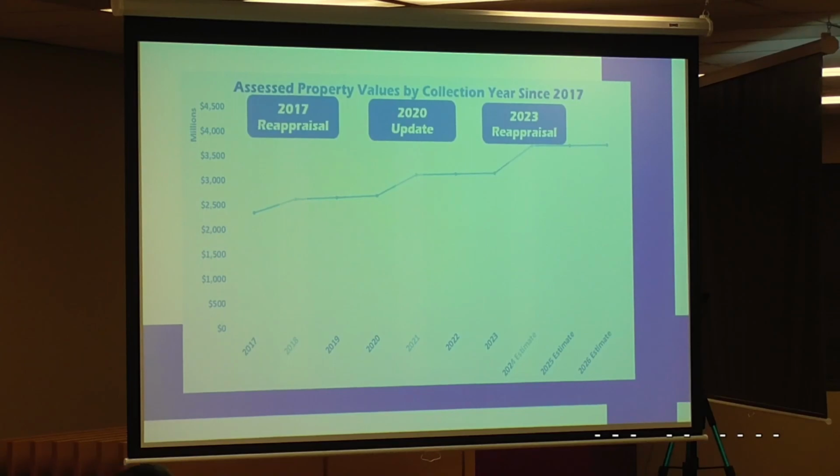And so this graph shows 2017's reappraisal, which went into effect for collection year 2018, because we assess 1 year and pay the next year. And it also shows the 2020 update and the 2023 estimated reappraisal. So this is the estimate.